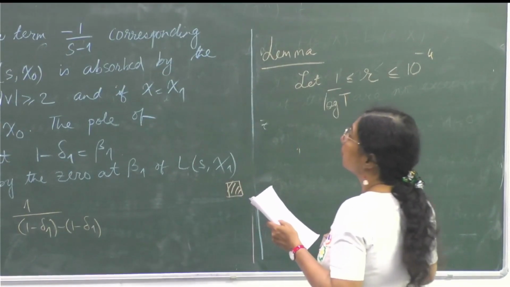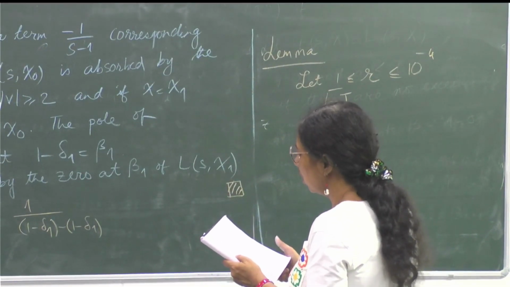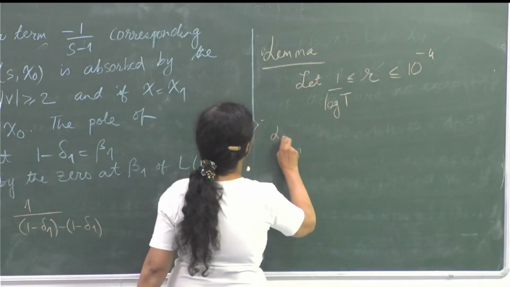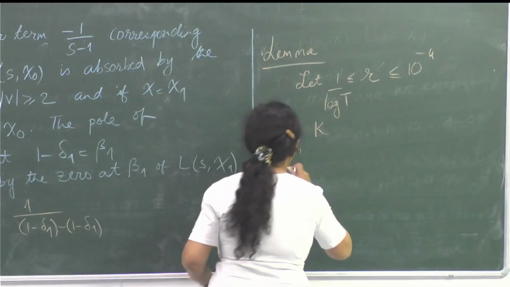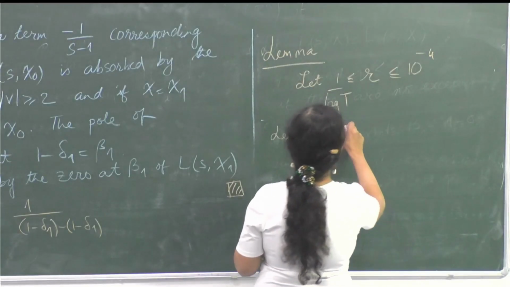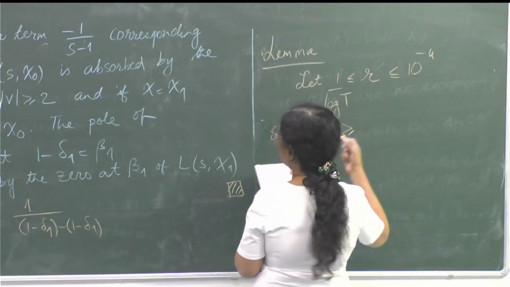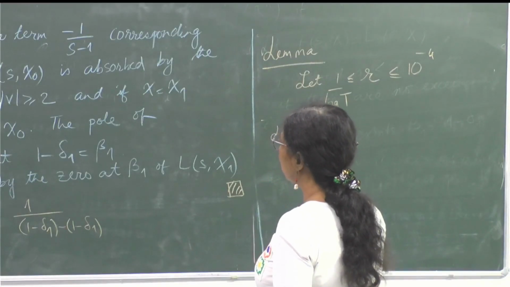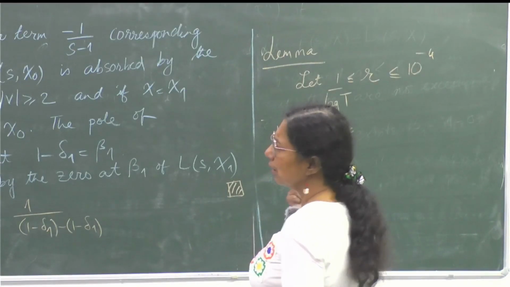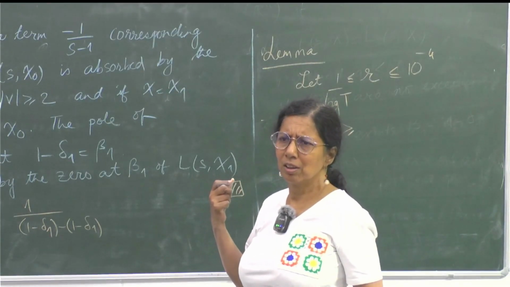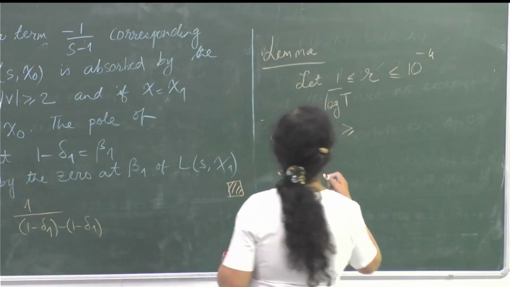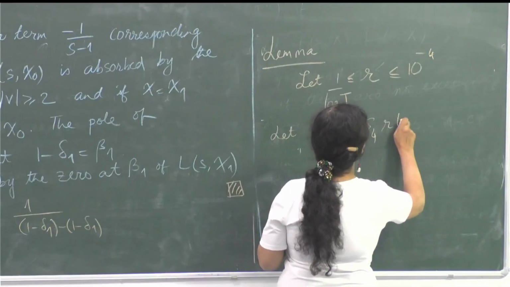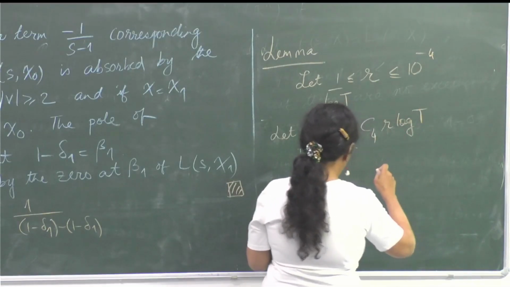All right. And I will take some k, which is bigger than some, what was my last constant? How many C's have we used? 4 then, okay. C4 R log t.